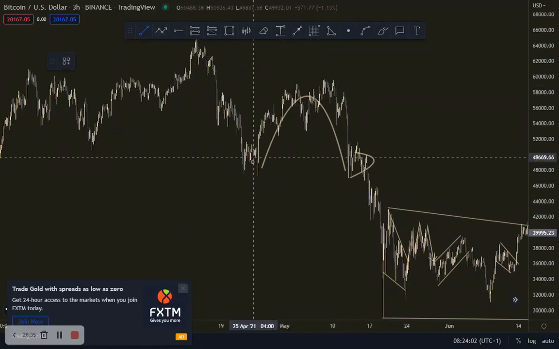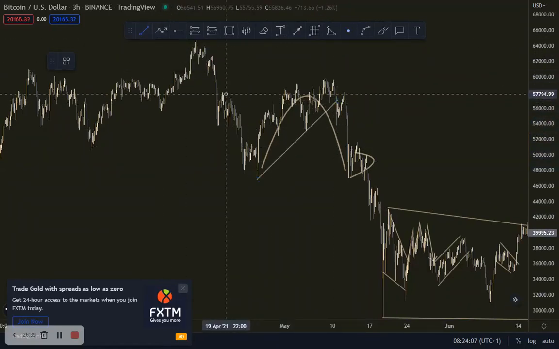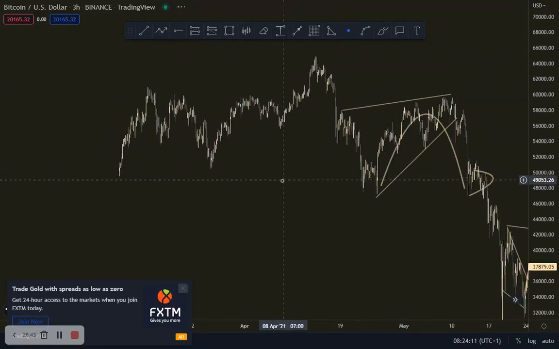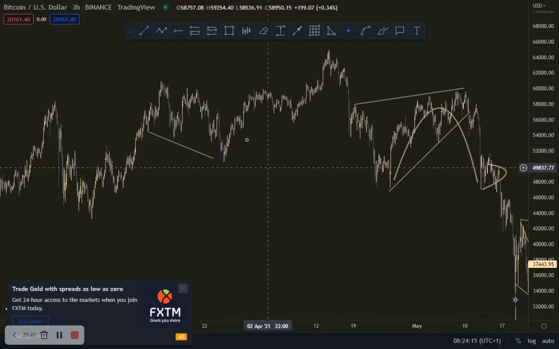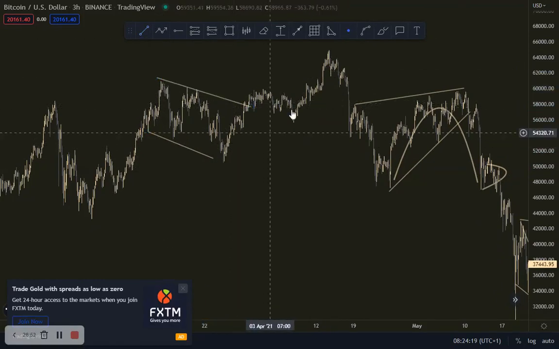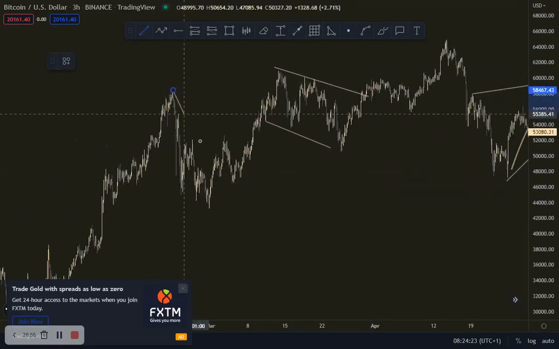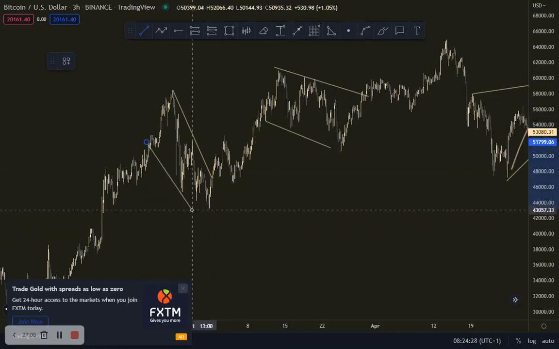So this is also a pattern, a wedge pattern. This is a wedge. This is a flag. And I told you guys this is fractal. Hey, you're gonna see something that will shock you. You'll be shocked.